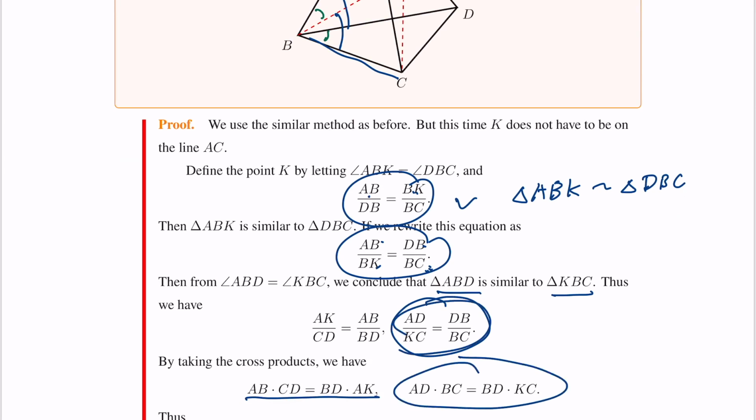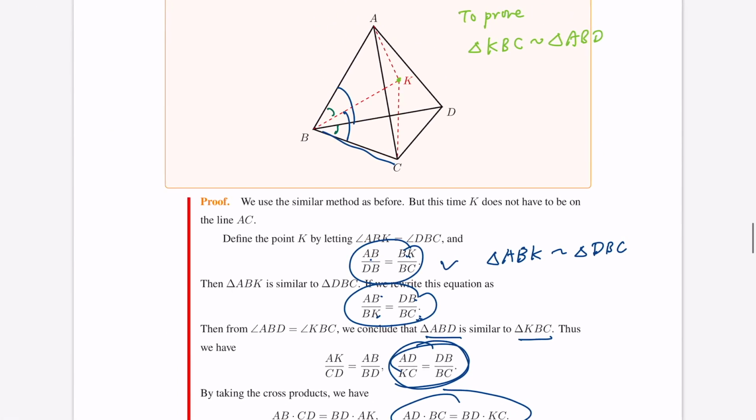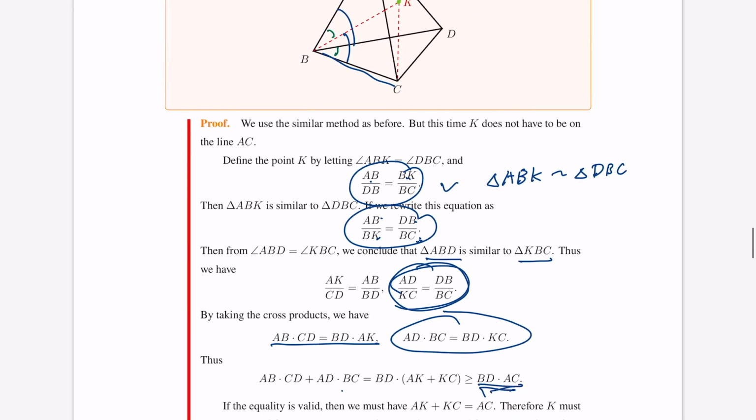So AB times CD plus AD times BC will be, okay, you can factor out BD times AK over KC. And the nice part is that we have the triangle inequality: AK plus KC is greater than or equal to AC, so that means it's greater than or equal to BD times AC. Okay, so we proved the Ptolemy inequality.